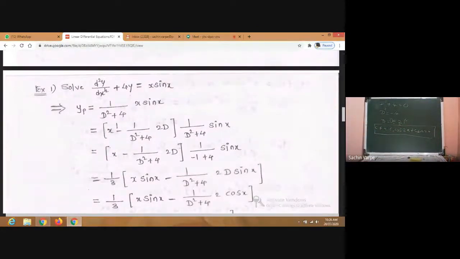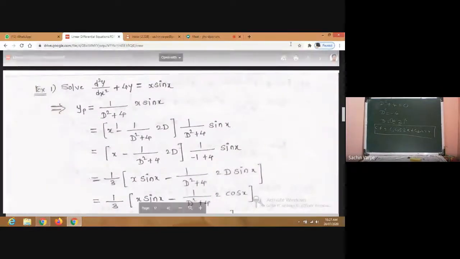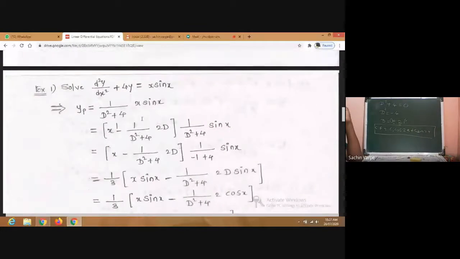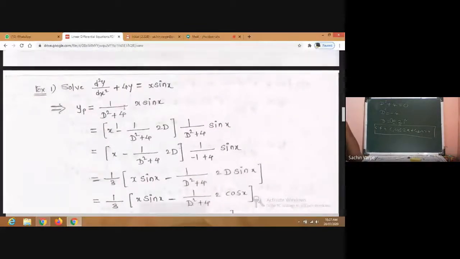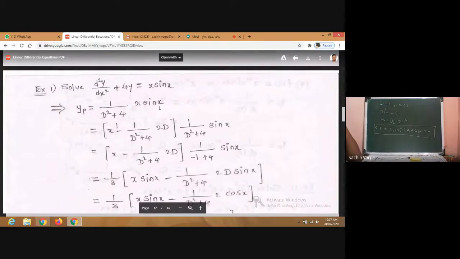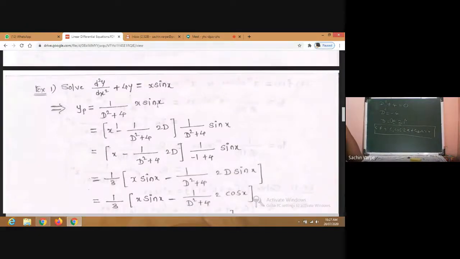All right. To find the particular integral, the formula is 1 upon phi of D into f of x. So substitute those phi of D and f of x: 1 upon D square plus 4 into x sine x. Here this is the case of x into v, so we can apply the shortcut.